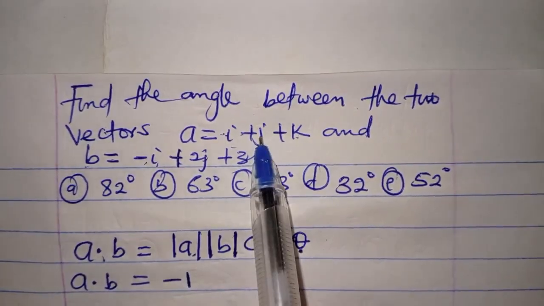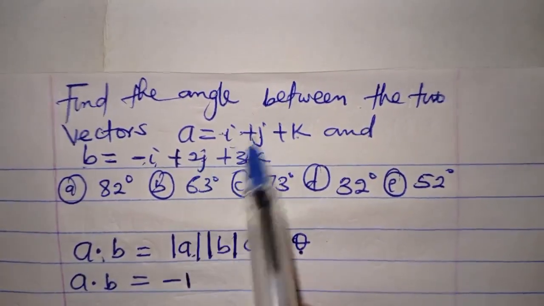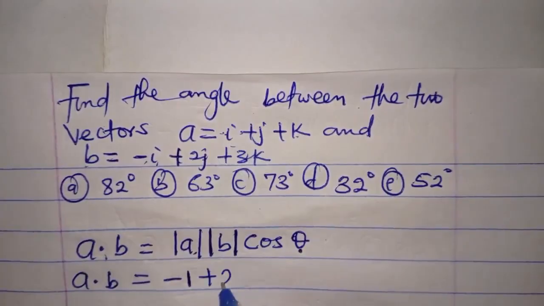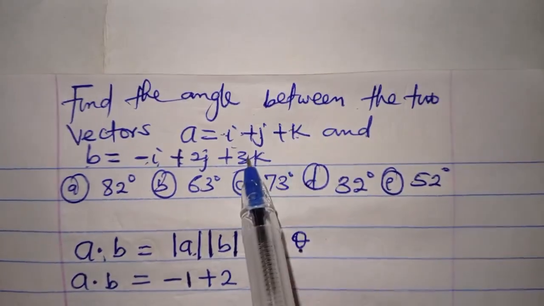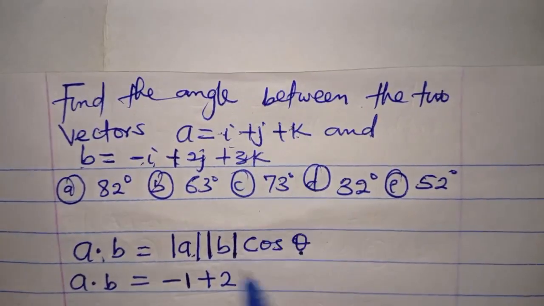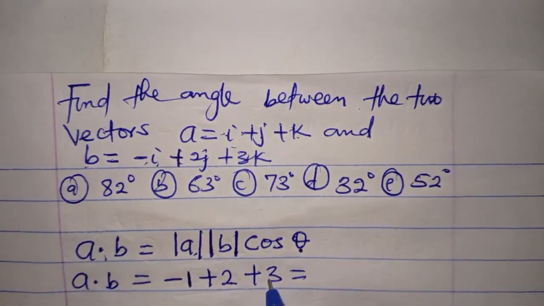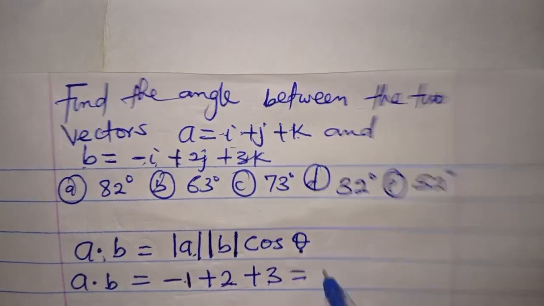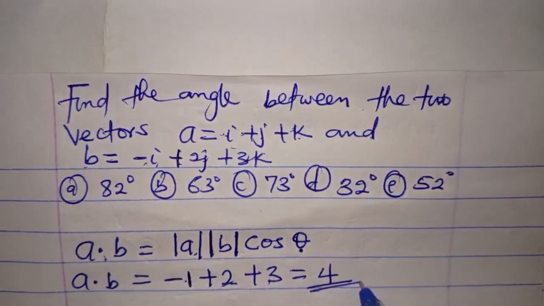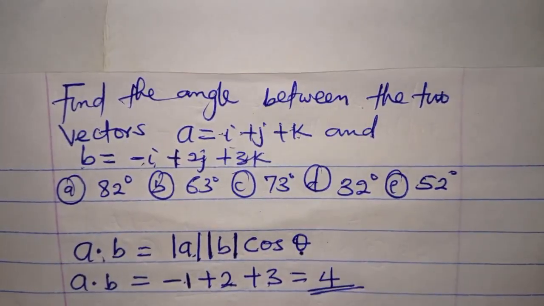The coefficient of j here is 1 and of j here is 2. 1 times 2 is 2. Of k here is 1, of k here is 3. 1 times 3 is 3. 2 plus 3 is 5. 5 minus 1 is 4. So the dot product of a and b is equal to 4.